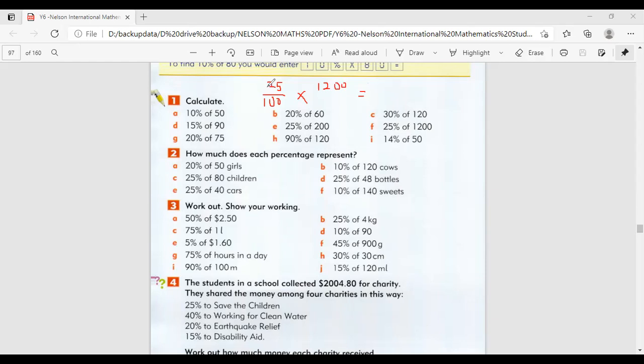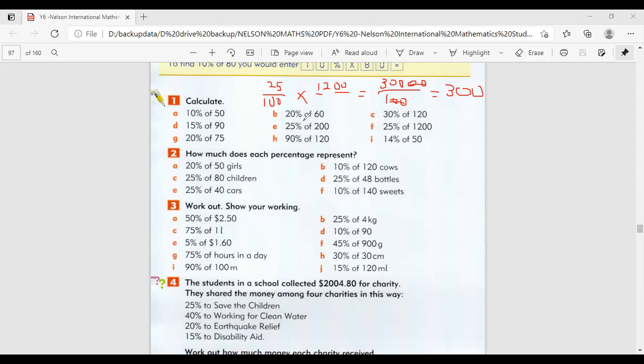So what is 25 times 12? Okay, 300. And we have 2 zeros here, divided by 100. So 2 zeros, 2 zeros. So the answer is 300.